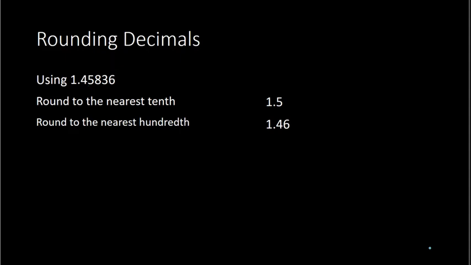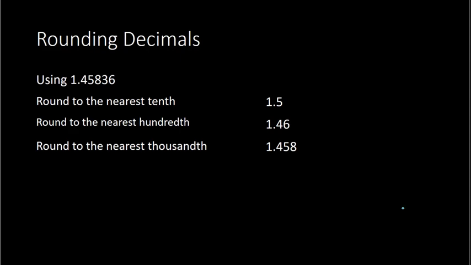Next we can round to the nearest thousandth place. So the 8 is the thousandths place, and to round, we look at the number right after it. So the 3 is smaller than 5, which means the 8 would stay where it is. So my rounded answer would be 1.458.